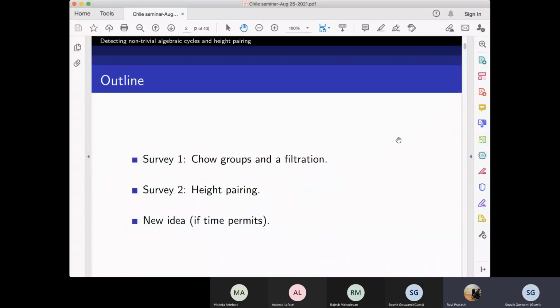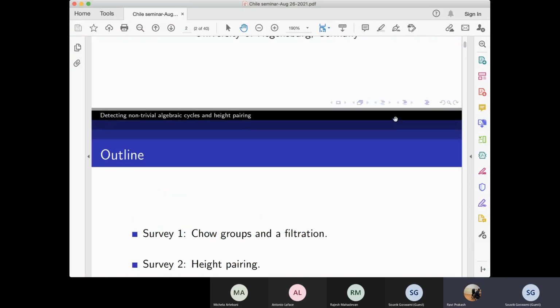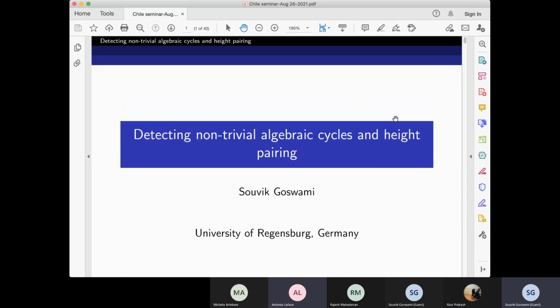So everybody can see my screen, the slide. Yes. So all of you can see now? Yes. Okay, so I'll keep it in this mode and not go into the full screen mode.